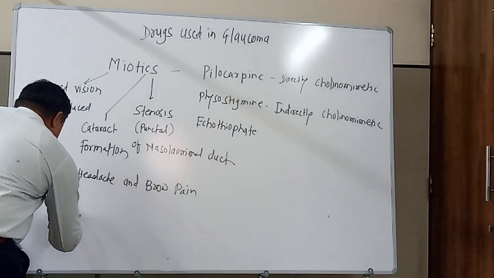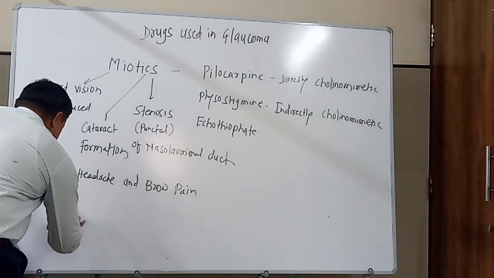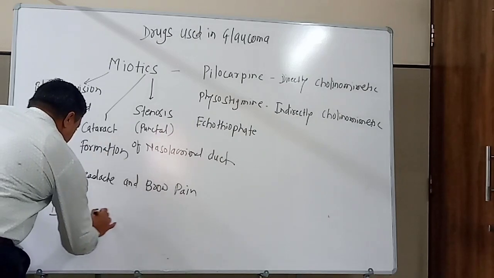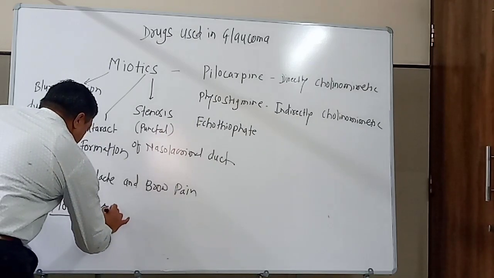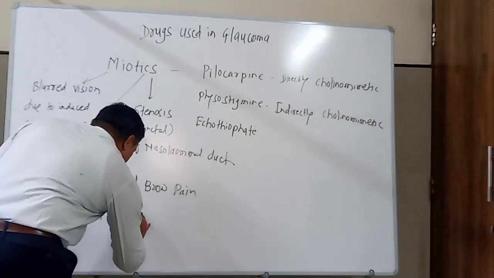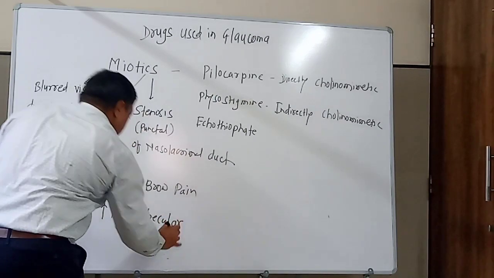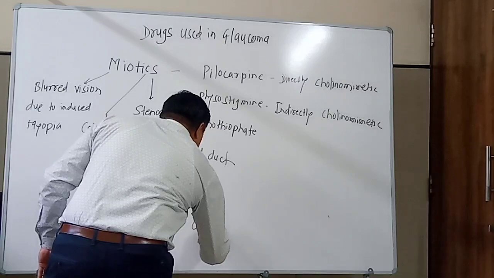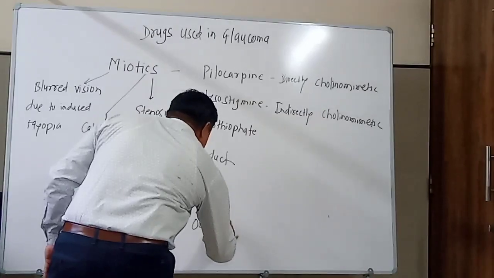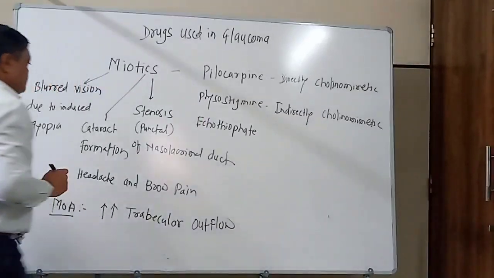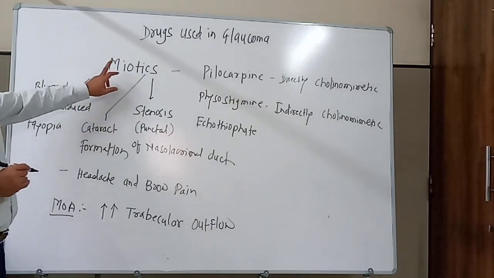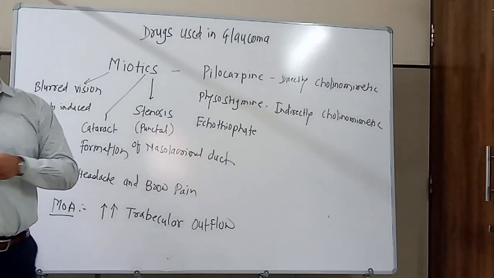Miotics act by increasing trabecular outflow. This is the mechanism of action of miotics.